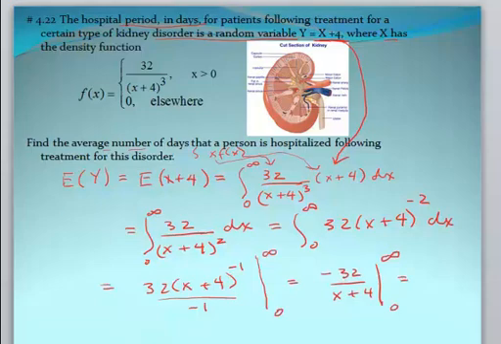So we plug in the infinity to begin with, and that blows this thing to 0. And so that leaves us only with plus 32. We're plugging in the 0 right there, so it's going to be plus 32 over 4, which is 8 days. And that's going to be our average number of days that a person is hospitalized.